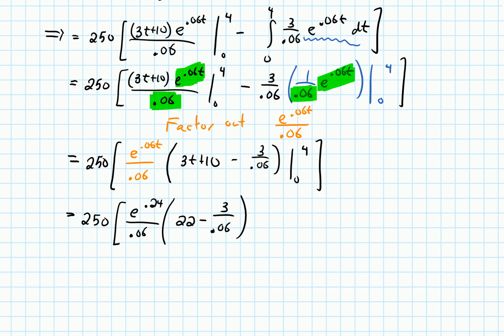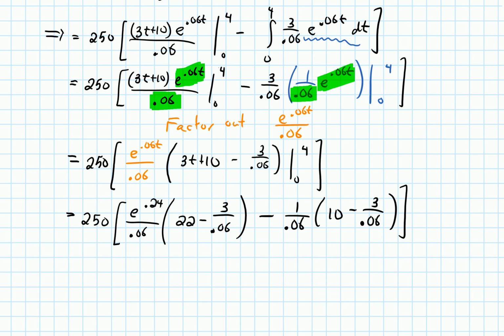Okay, and now I have to subtract what I get when I plug 0 in. When I plug 0 in, I'll get e to the 0, which is 1, over 0.06. And then in the parentheses, 3 times 0 is 0, plus 10. That's 10. And then minus that 3 over 0.06.